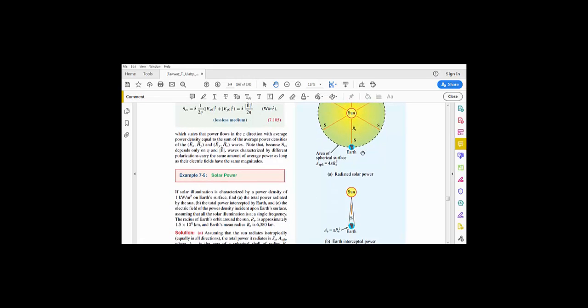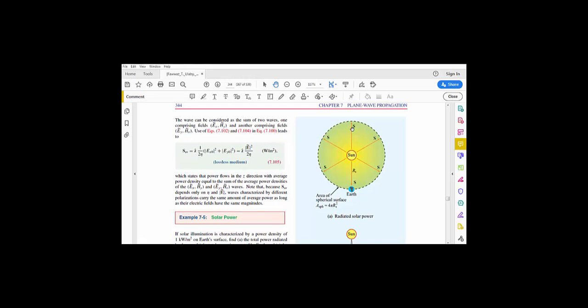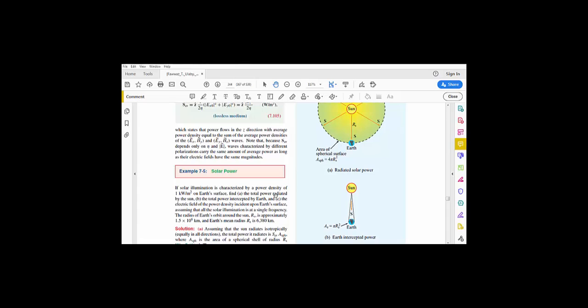Okay, and if we assume that the radiation of the sun is isotropic radiation, the propagation is equal in all directions. Of course we need to know the radius of the sun is 1.5 times 10 to the power 8 kilometer, and the radius of the earth is equal to 6,318 kilometer.